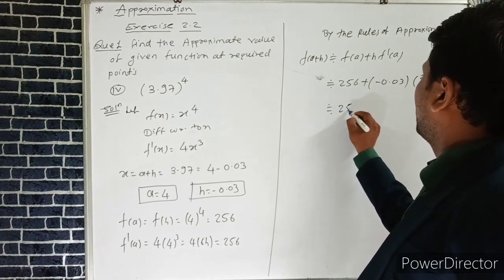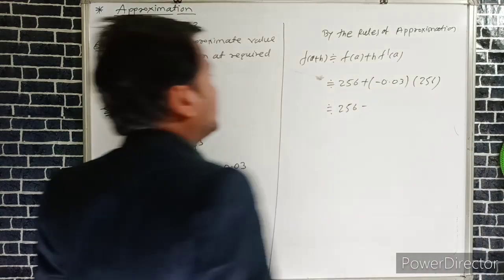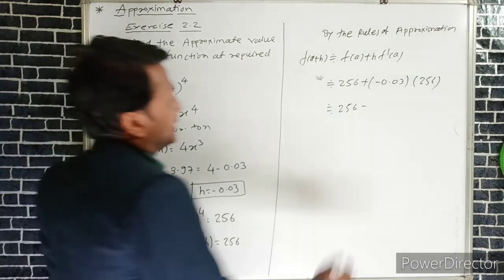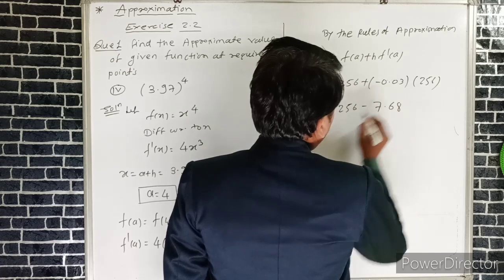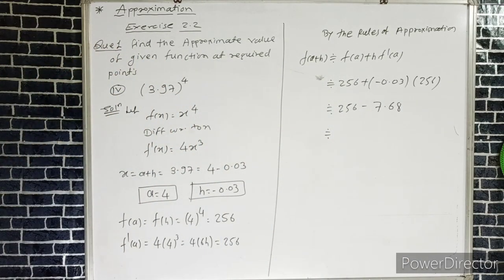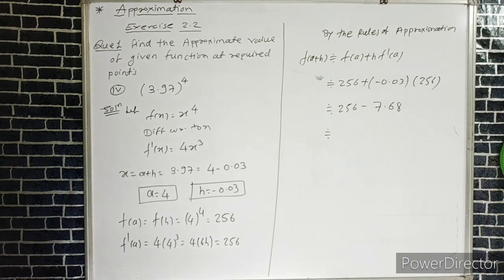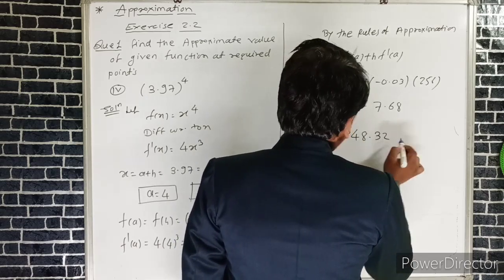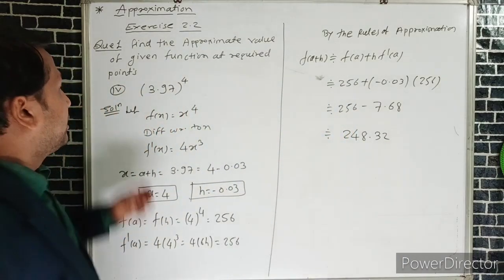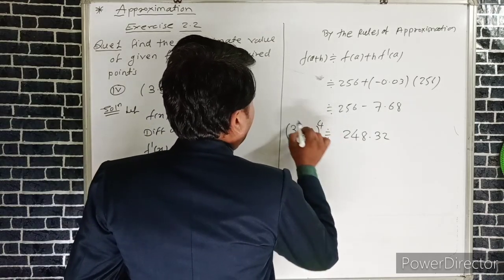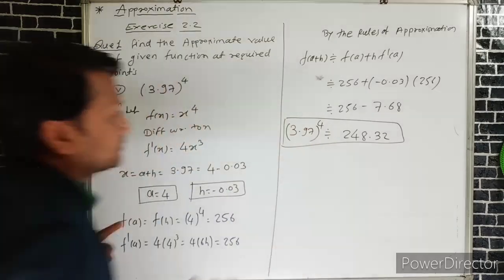The product of minus 0.03 into 256 is 7.68. So here we can write 256 minus 7.68, which is 248.32, which is the required approximate value of 3.97 whole raised to the power 4.